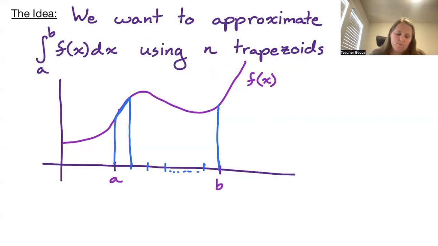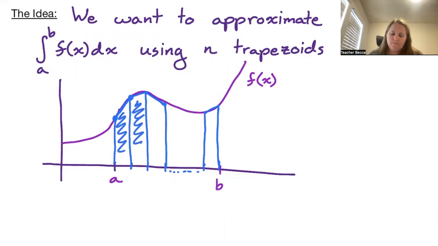So our two bases are essentially the height at the start of the interval and the height at the end of the interval to form a trapezoid. So we get a series of trapezoids that we can then add up and take the area of. So this is what we need to do.